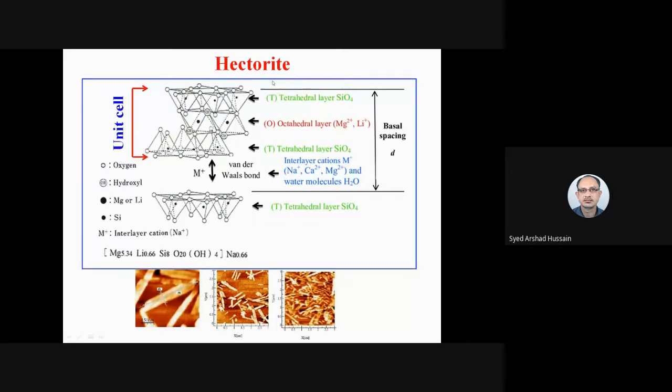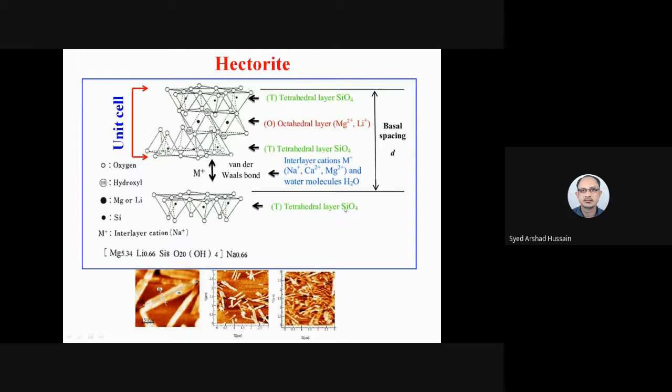Similarly, another example, this is hectorite. This is again TOT type. There is tetrahedra, octahedra, then again tetrahedra, but the interlayer space cations or ions are different. Accordingly, you can see the chemical formula or composition is different, and also the shape. You can see this is rod-like shape.